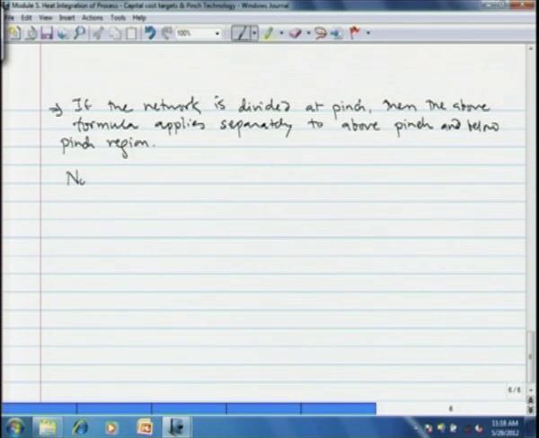So, number of units is equal to S, number of streams above pinch, minus 1, plus S below pinch minus 1.